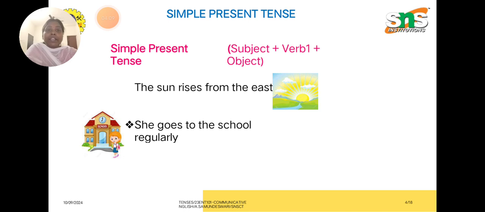To form a sentence in simple present tense, the structure is very simple: you just need a subject along with the main verb in the present form, and the object. Just look at the sentence here.